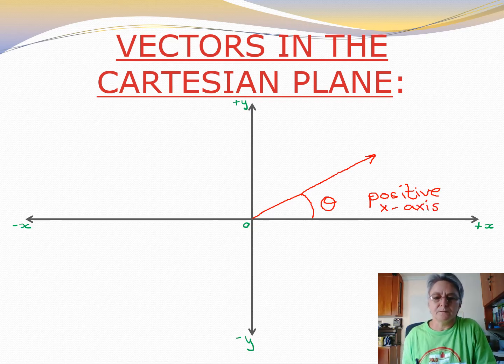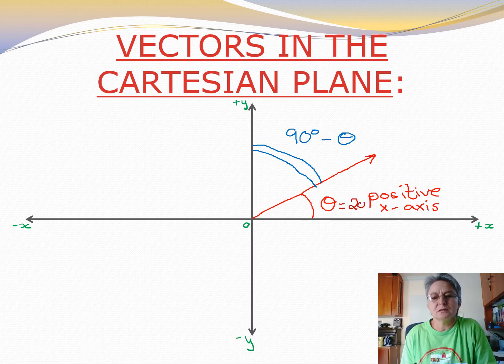Now, if that is the angle with the positive x-axis, you could also measure the angle with respect to the positive y-axis. That would be 90 degrees minus theta. So if this angle is 20 degrees, then this angle would be 70 degrees.